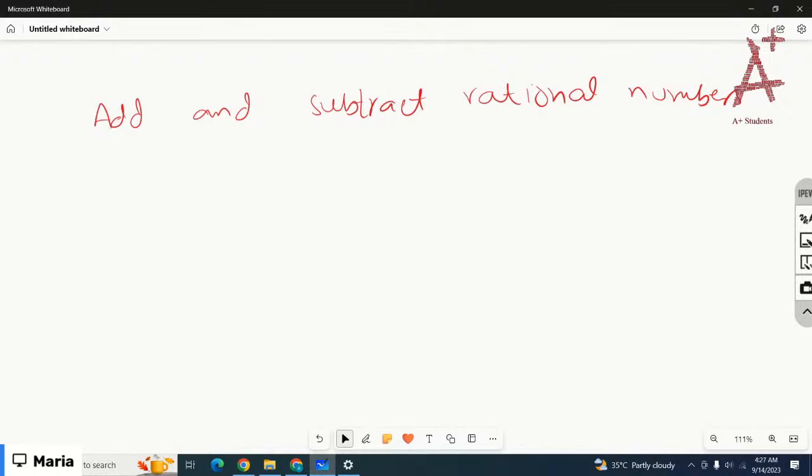So rational numbers, you can note down the definition of rational numbers, right? Any number that can be written as a fraction.